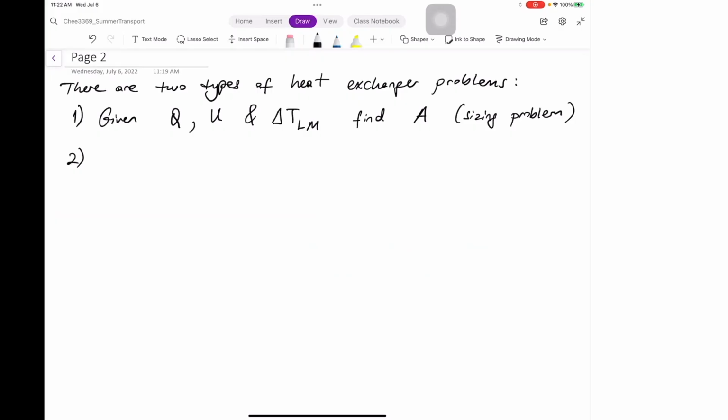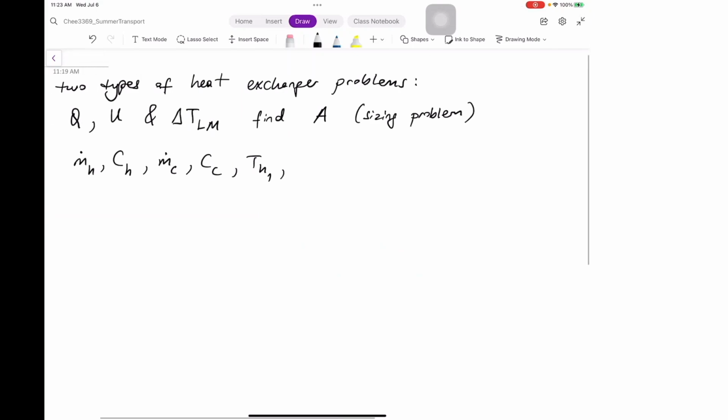The second type of problem is you're given the flow rates of the streams: the mass flow rate of the hot, the heat capacity of the hot fluid, the mass flow rate of the cold, the heat capacity of the cold, the inlet temperature of the hot, and the inlet temperature of the cold. And you're given the heat exchanger already, so you have the area of the heat exchanger.